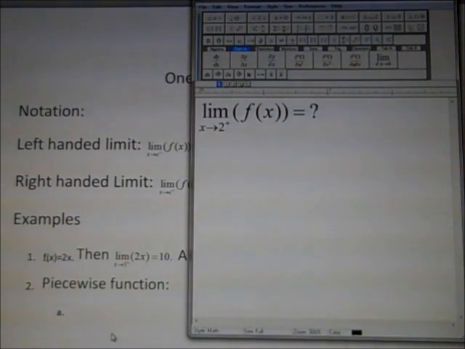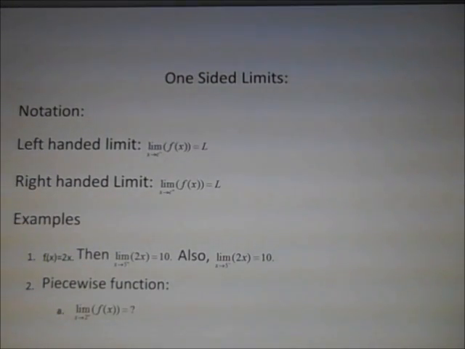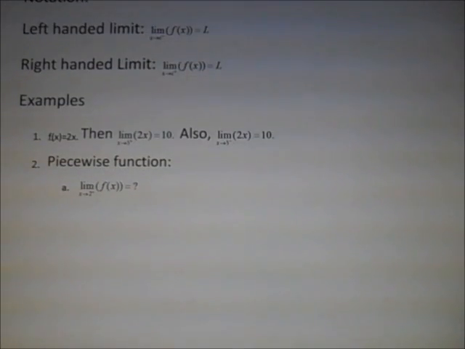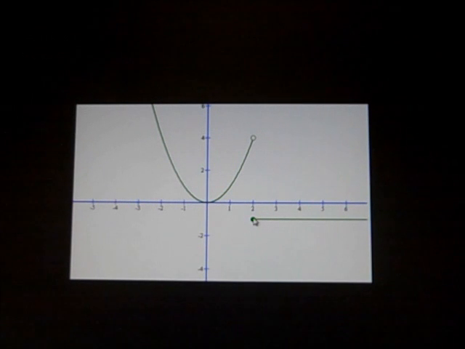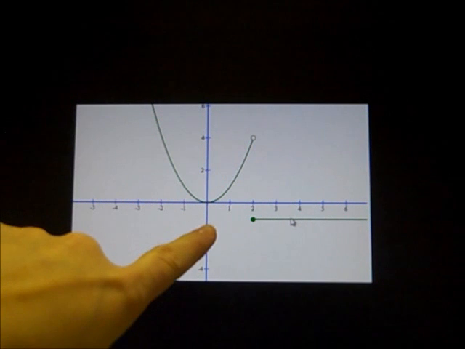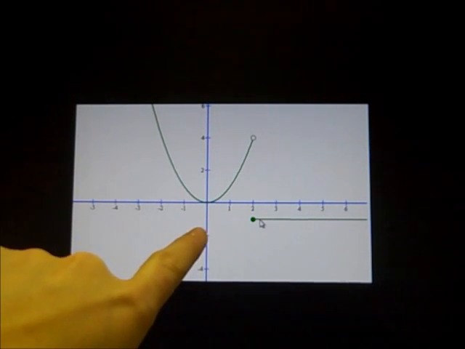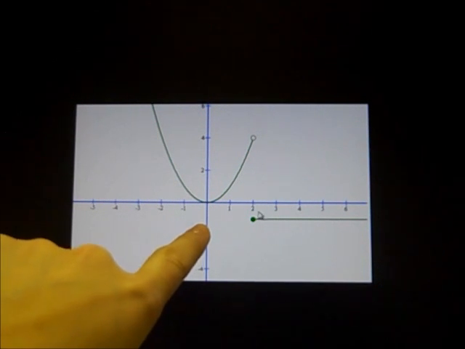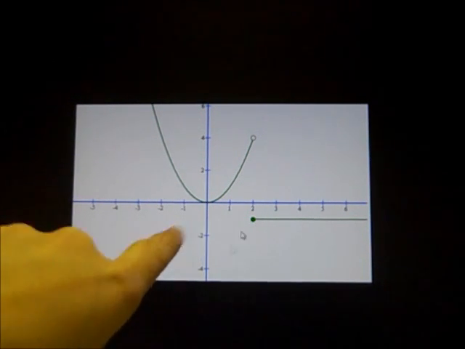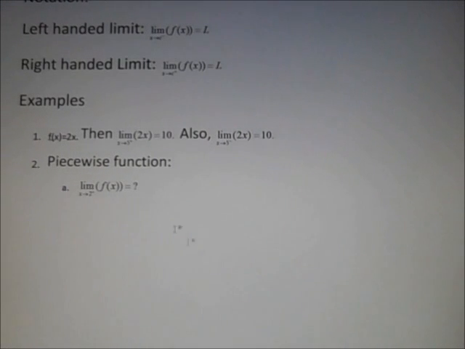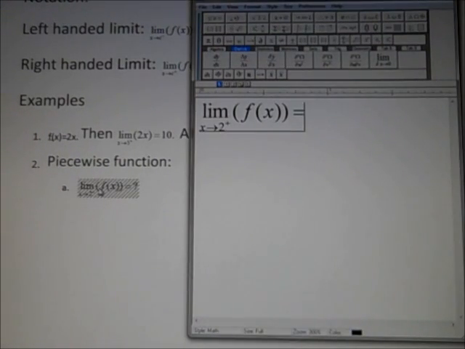So what is that equal to? Go back to my graph. Here's 2. Here's the point where x corresponds to 2. As I approach it from the right, so I'm over here, these are my x values. Look on the curve that's to the right of 2. What are my y values doing as I approach the point at 2? Well, they're staying constant at -1. So we would say that the limit from the right is equal to -1. So to answer this question, we would say -1.